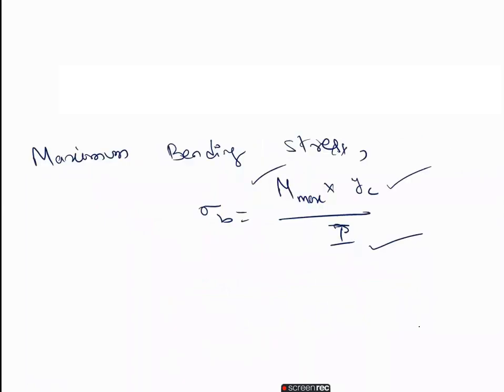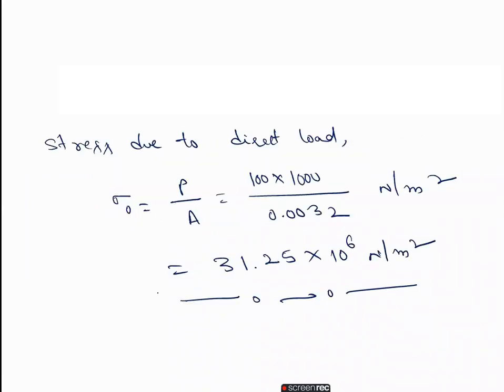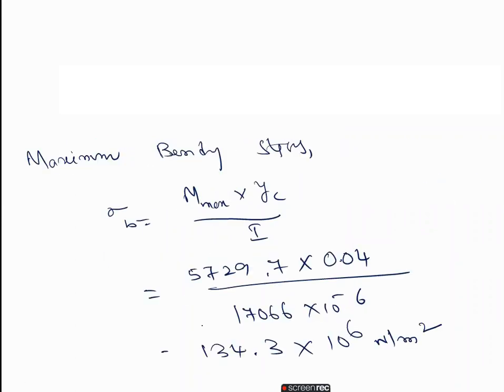Now we know sigma naught, the stress due to direct load, as well as sigma b, the maximum bending stress. From these two we have to calculate the maximum stress induced.